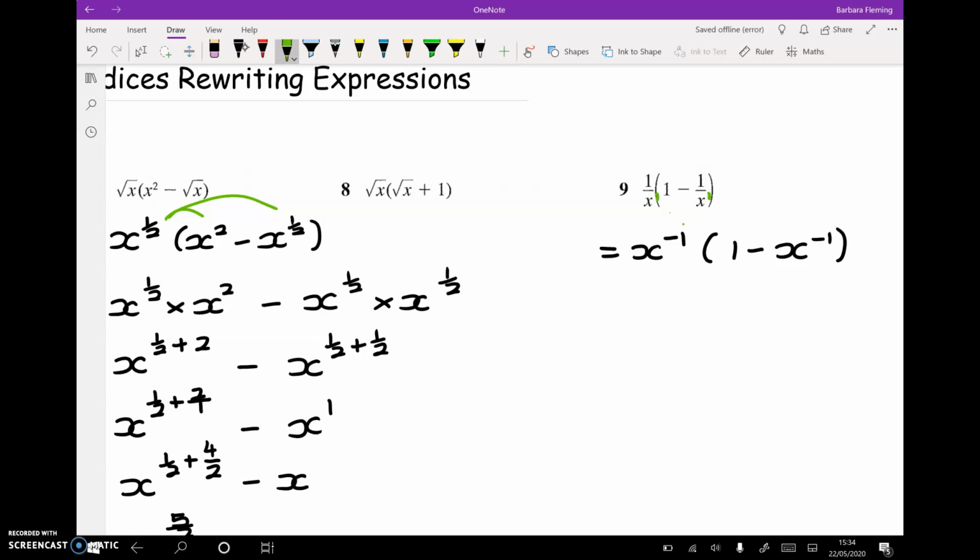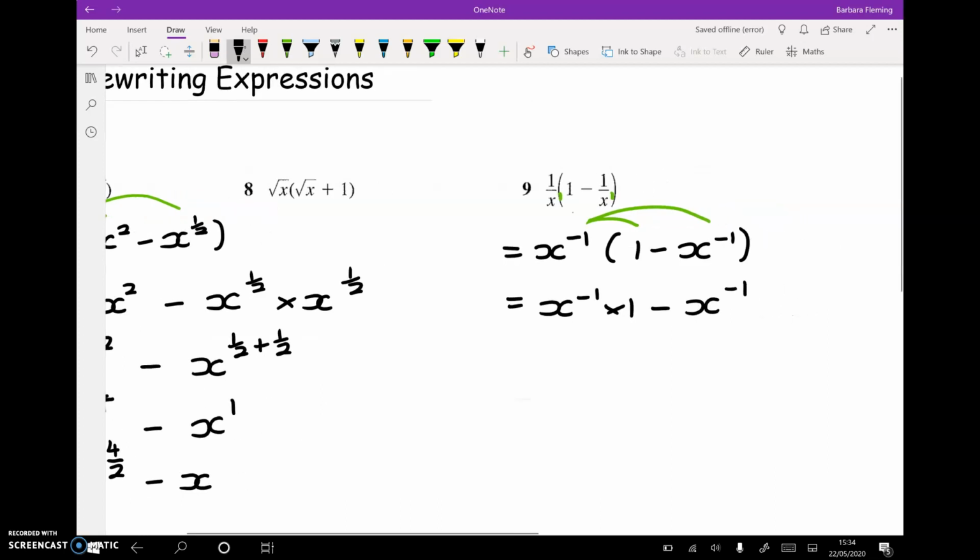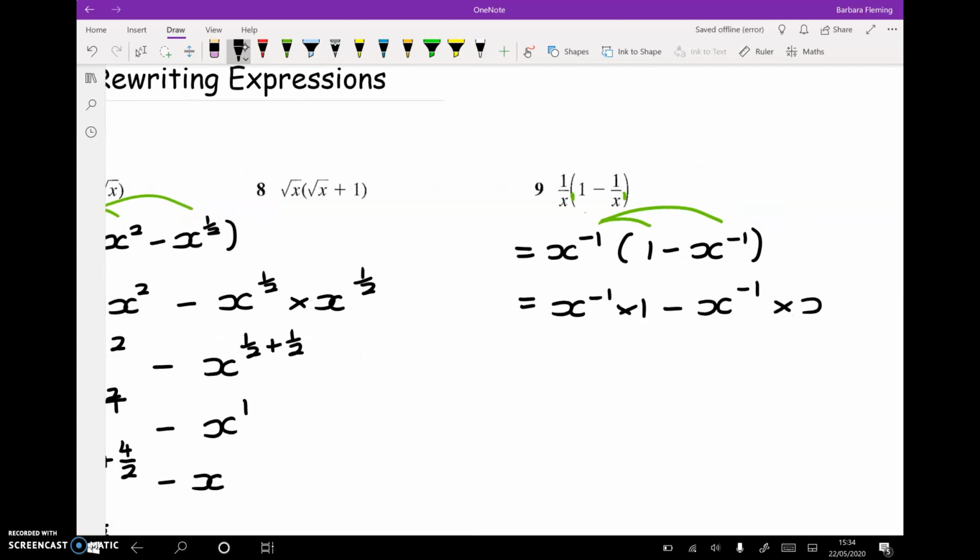Then we can expand our bracket once again. So x to the power of negative 1 times by 1, take away, again, positive times by negative, the take away will win out, x to the power of negative 1 times by x to the power of negative 1. Right. Anything times by 1 is just the term itself, so we've just got x to the power of negative 1 there.